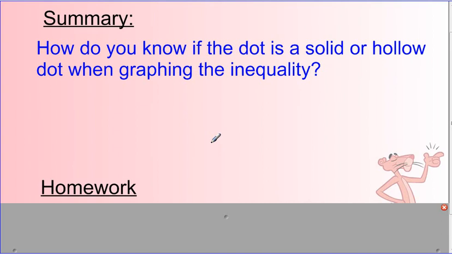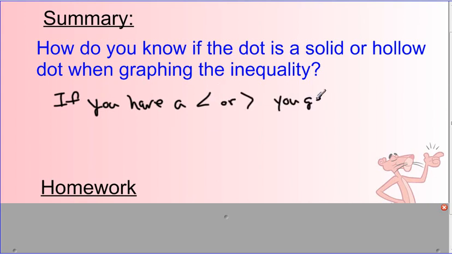Okay, hopefully you have some sort of an answer. The way you tell if it's a solid or hollow dot is based off the inequality. If you have a less than or greater than, you get a hollow dot.